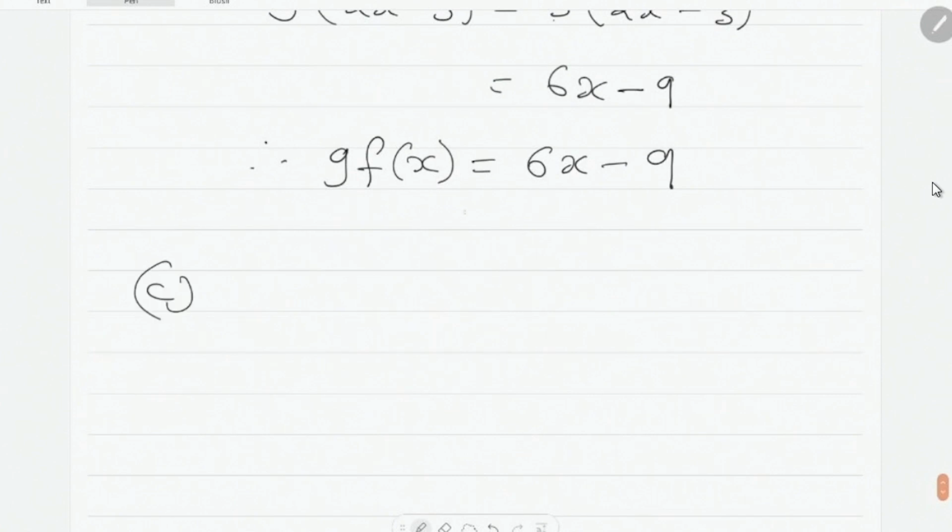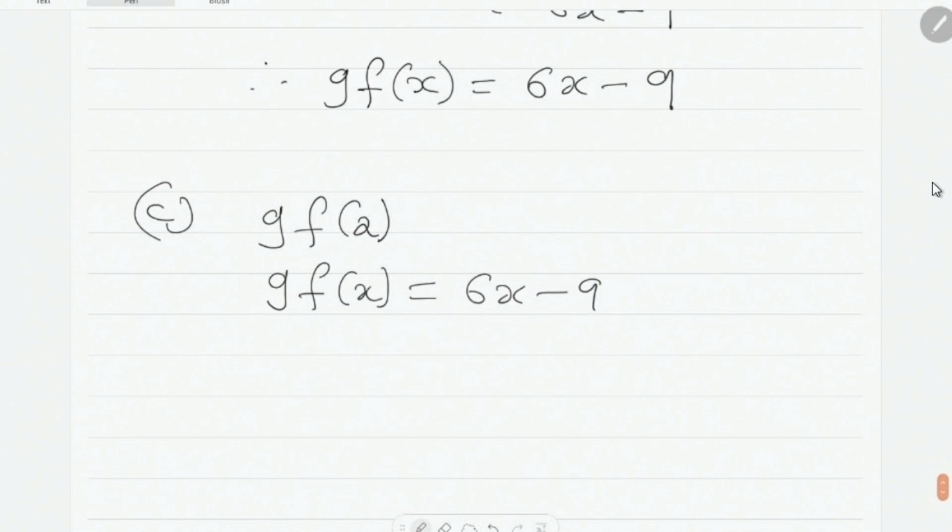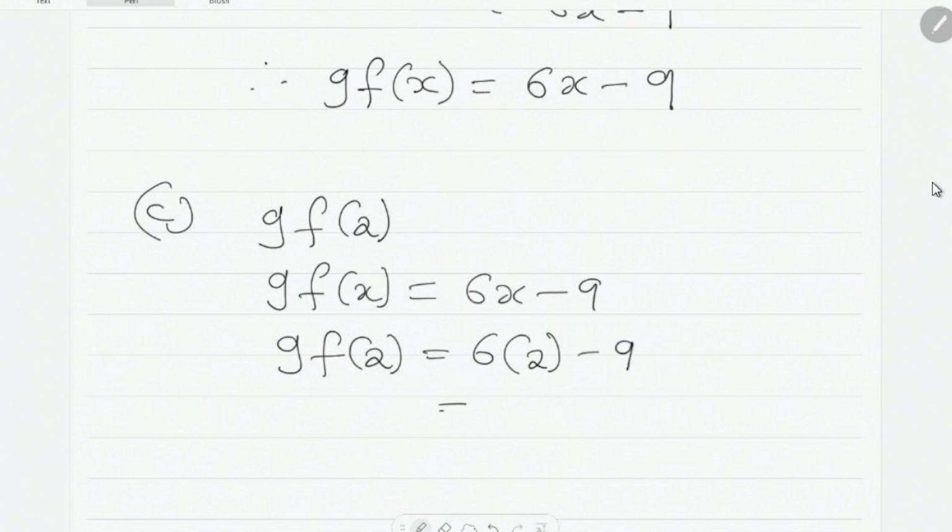Okay, so for part C, we already have the expression for g f of x, which is equal to 6x minus 9. Now we are required to find gf of 2. All right, so I already have gf of x, which is equal to 6x minus 9. So substituting x by 2, I will have g f of 2 is equal to 6 times 2 minus 9.